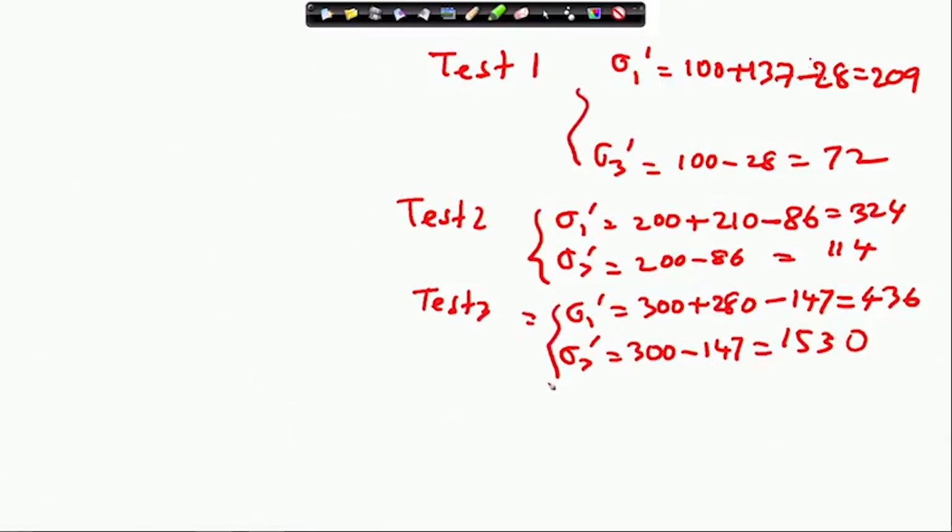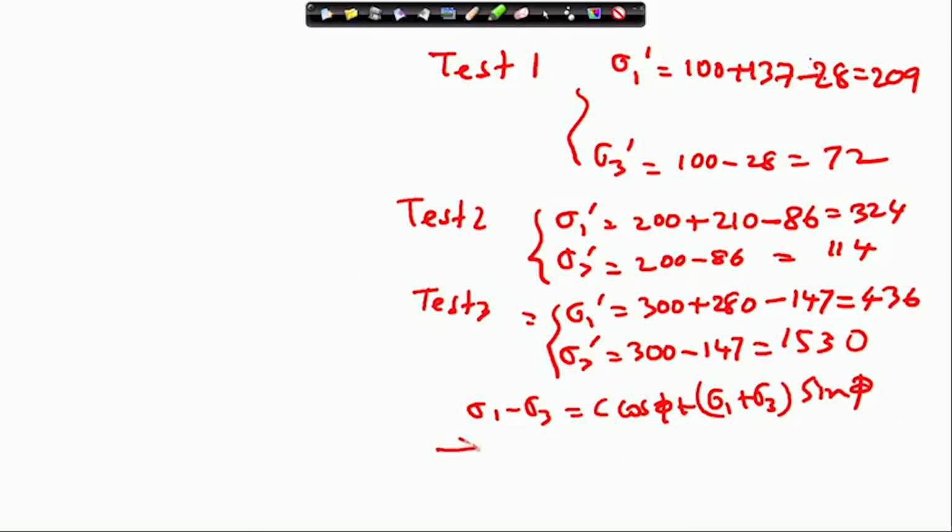Now, another thing we can do: we have the expression sigma 1 minus sigma 3 equal to 2c cos phi plus (sigma 1 plus sigma 3) sin phi. This is one form.